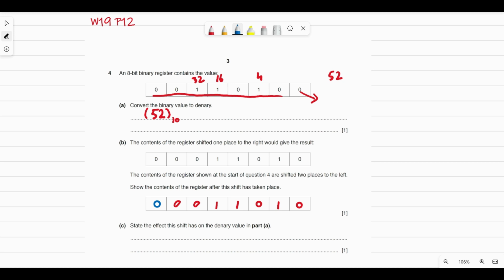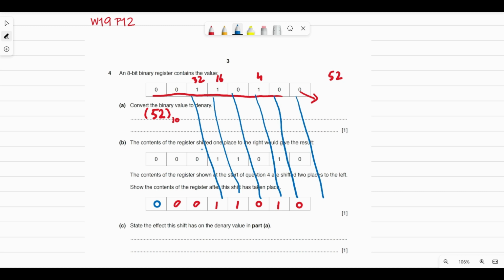I'll show it with the arrows: this, this, this, and this one will be discarded, then this one, this one, this one, so we came up with a hole.